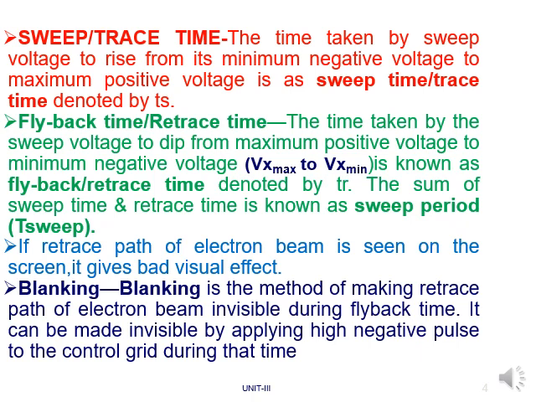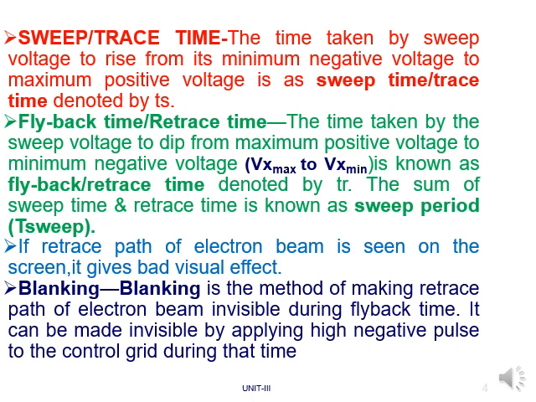During flyback time, if we provide high negative voltage to the control grid, then the control grid will not allow the electron beam to flow towards the screen, so it will not be visible on the screen. If it is made visible, then it will give a bad visual effect. So blanking is to be done.